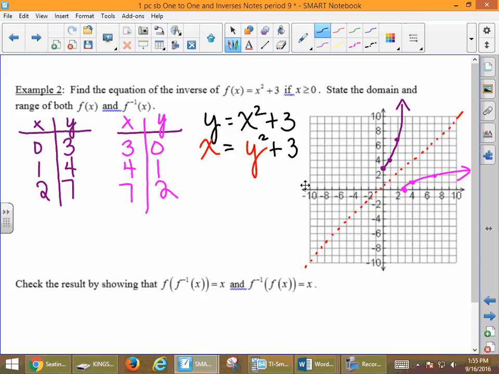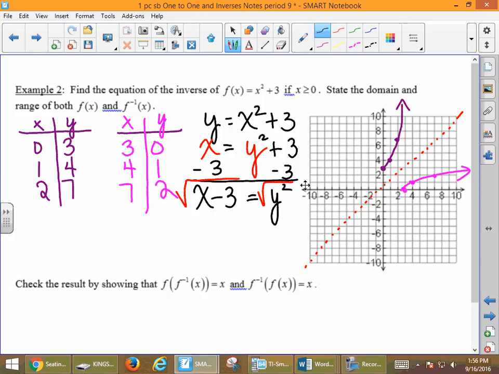Our next step then is to solve for y, so we're going to subtract 3 from both sides. And we get x minus 3 equals y squared. And finally, the inverse operation of squaring something is taking the square root. So let's square root both sides.